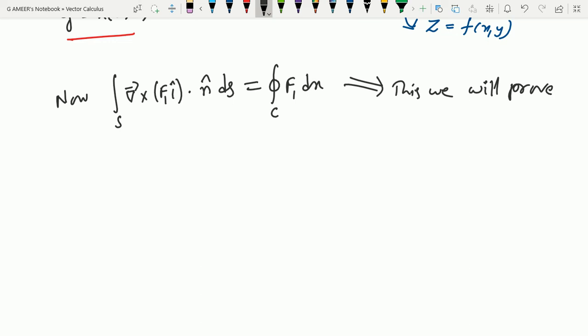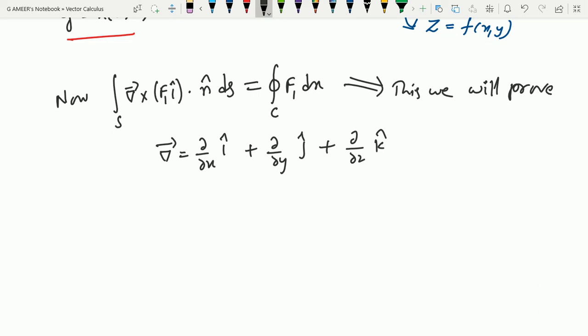First of all, we can determine del cross f1 i cap. We know the del operator. So what will the del operator be? The del operator will be dou by dou x of i cap plus dou by dou y of j cap, then dou by dou z of k cap. When I take the cross product with i, i will not contribute, but j cross i will contribute and k cross i will contribute.